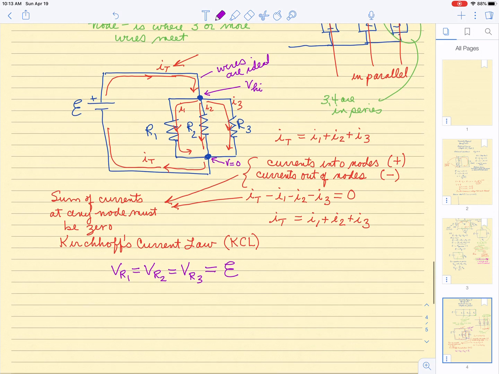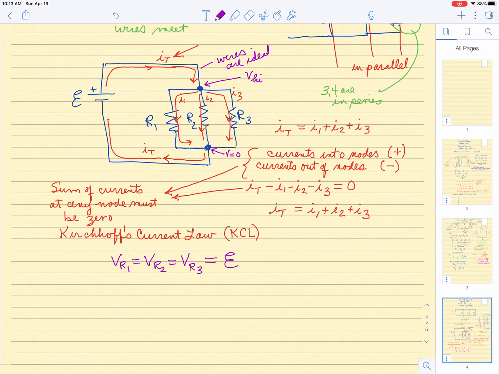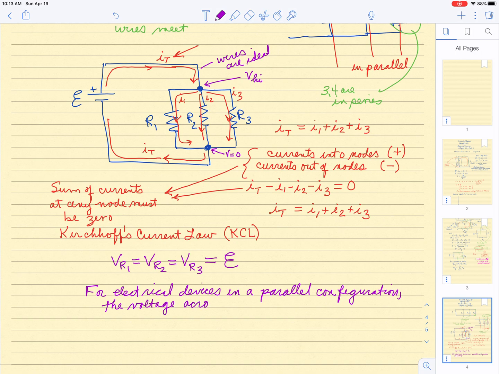So what arises then is another important principle, that is, for electrical devices in a parallel configuration, the voltage across each device is identical.